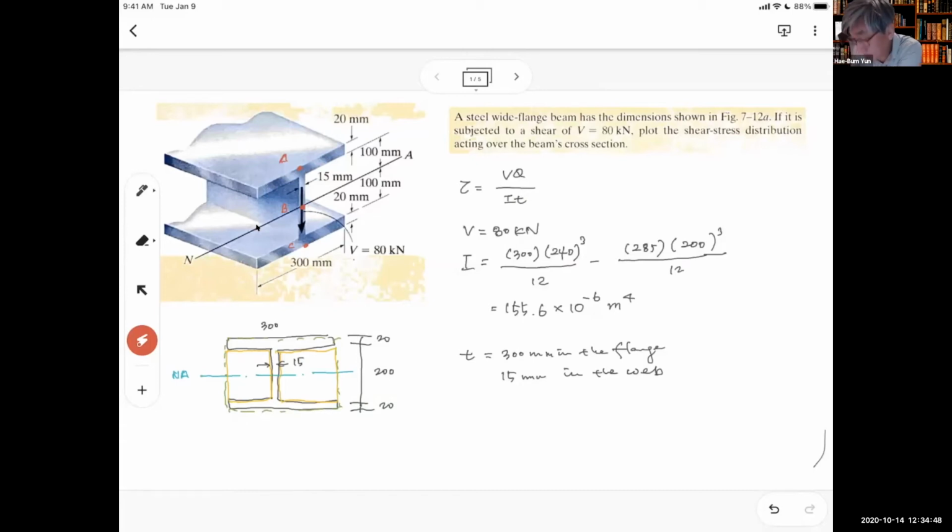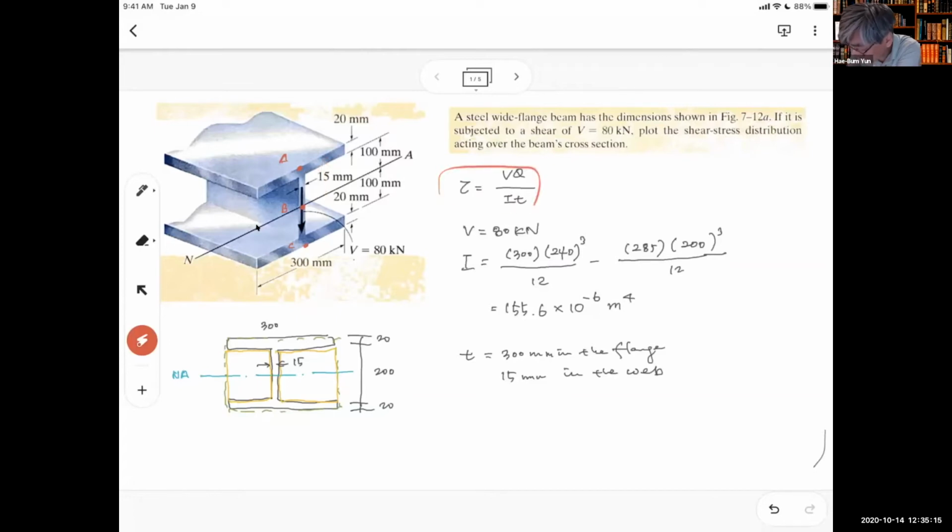The reason is very obvious, right? Because if we have a smaller t, which is in the web, we're gonna have a larger tau. And also we know that tau at A, which is away from the neutral axis, becomes smaller, right?